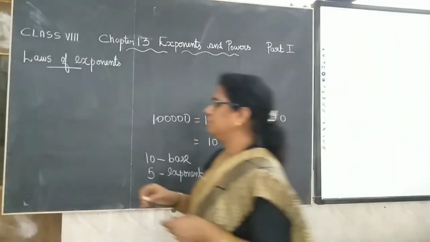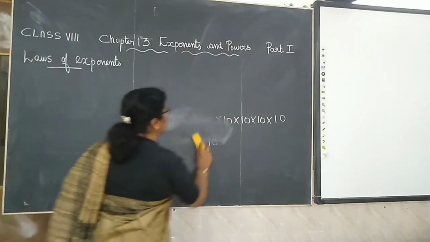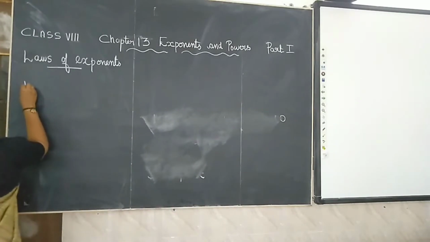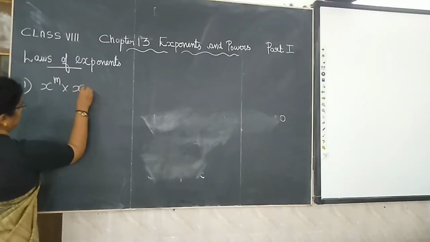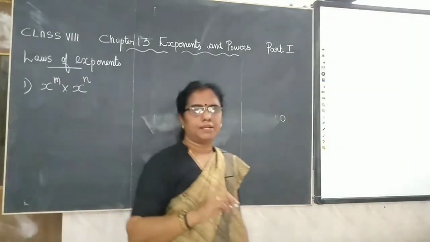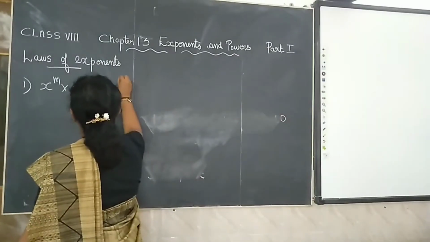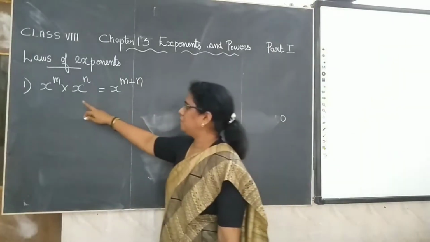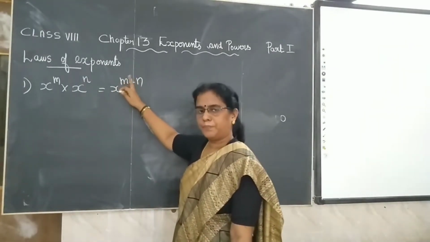That is the first law: x raised to m multiplied by x raised to n is equal to x raised to m plus n.